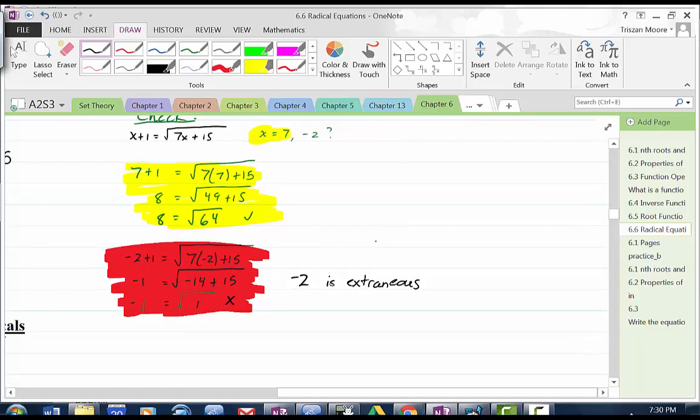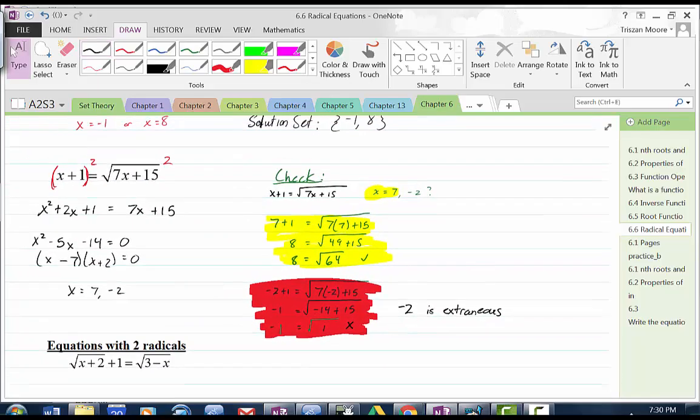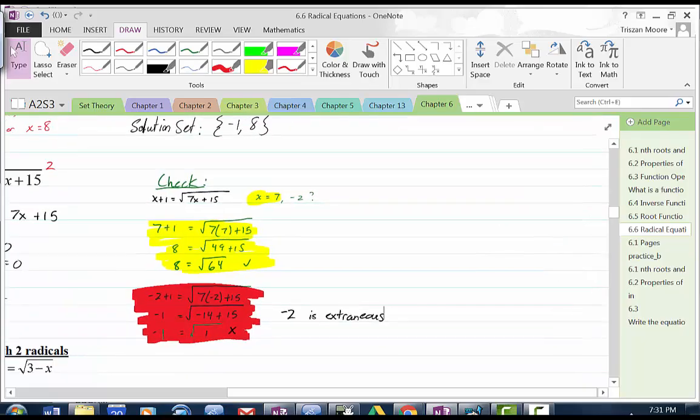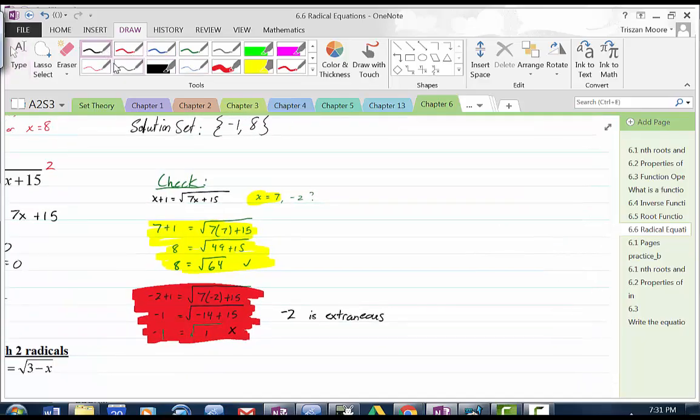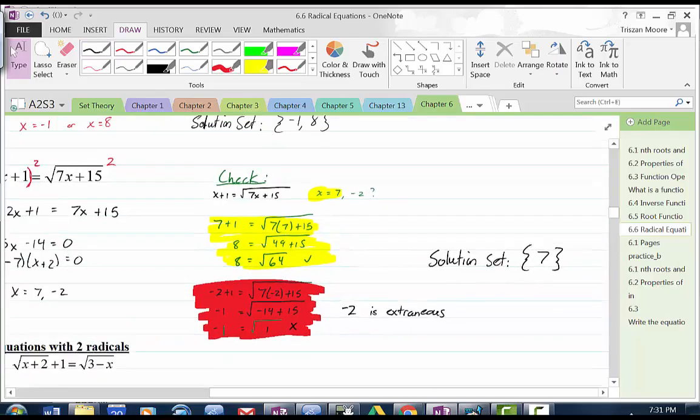And by extraneous, we just mean that negative 2 will not work. So that means that the solution set for this problem right here is just 7. Not negative 2, because negative 2 doesn't work.